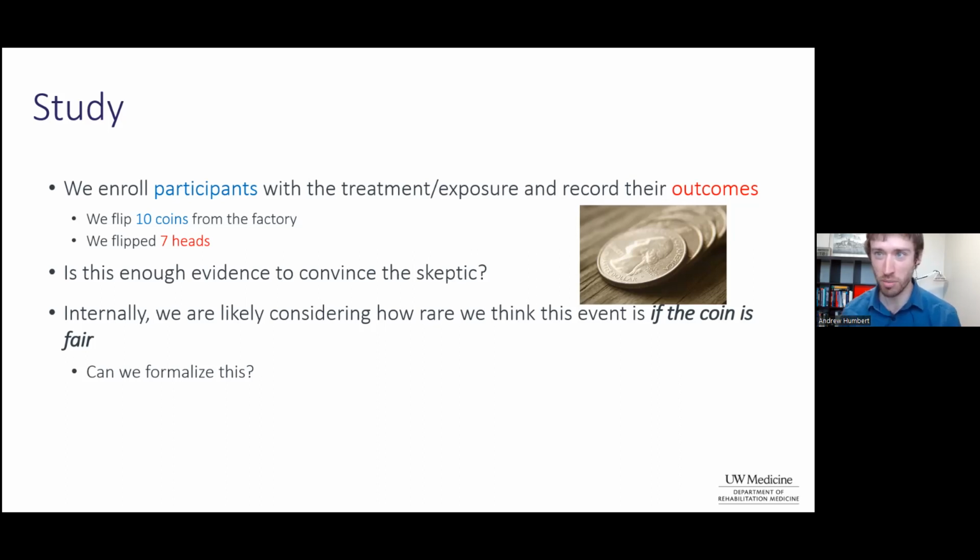A great example of trying to make this more uniform is to think: how many heads would I have to flip in a row before you think the coin I'm flipping is not fair? If I flip 1 heads in a row, most people probably would not say that coin's unfair. If I flip 4 in a row, maybe a few people would, but if I flip 100 in a row, the vast majority of people would say that's so unlikely to happen by chance, something else must be going on.